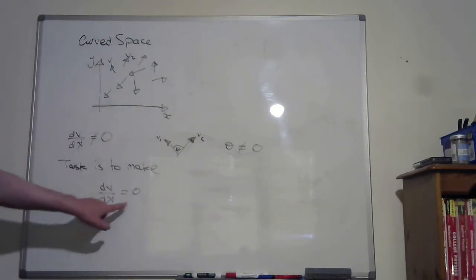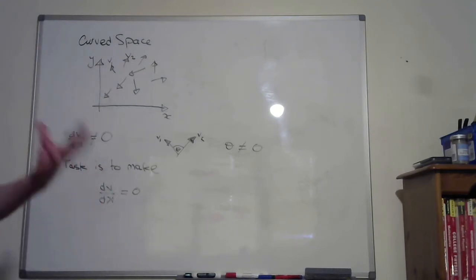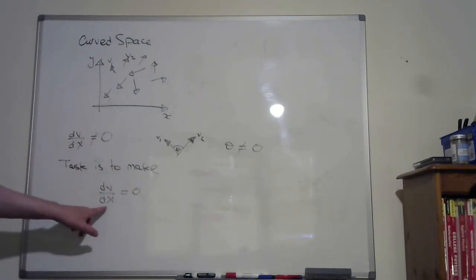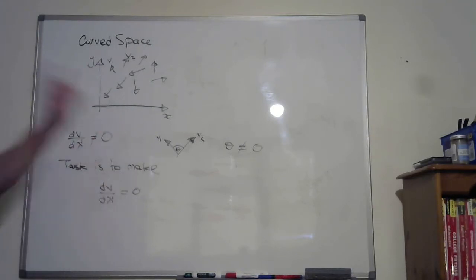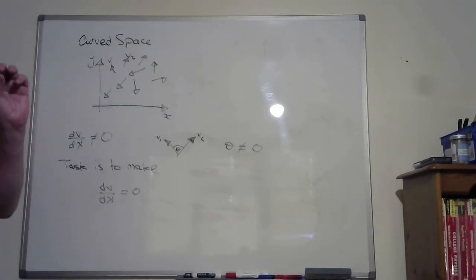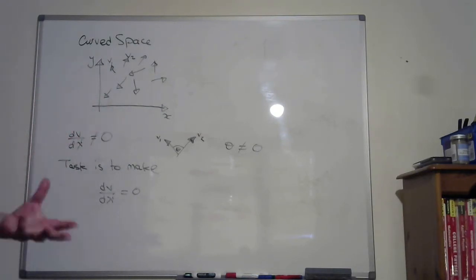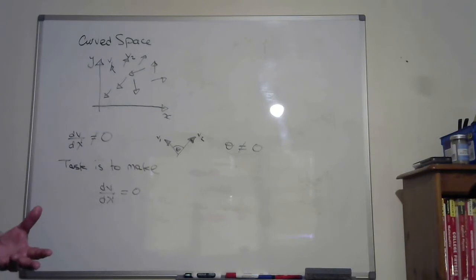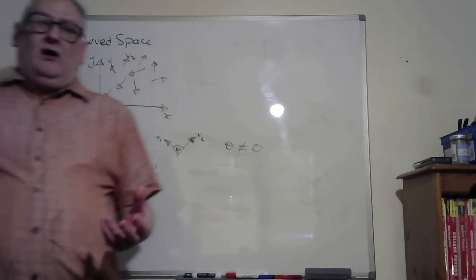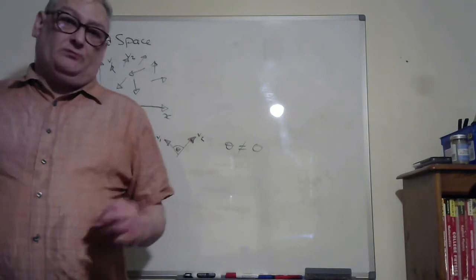The task is to make this 0. Even if you've got a non-linear expression, when you are able to make dv by d lambda I equal to 0, you are effectively linearizing as closely as you can the motion that is taking place. So you might not get absolutely perfectly straight or linear motion, but you're minimizing the curvature as much as you can. And so you're effectively making it linear and as straight as possible.